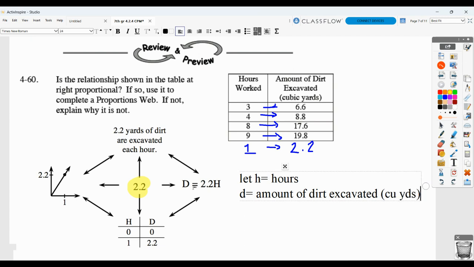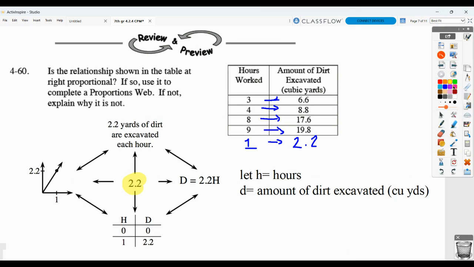And so then the equation would be that the amount of dirt excavated will always equal that constant of proportionality, 2.2, times however many hours. So in other words, that's what's happening. We're always multiplying the hours times 2.2 to get the amount of dirt excavated. So that's how our equation is created.